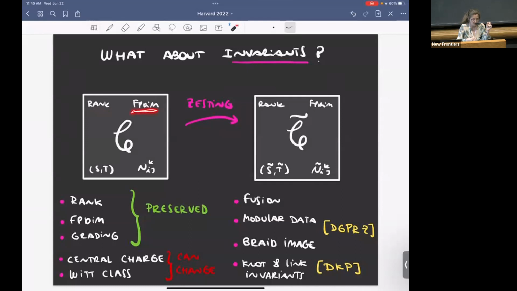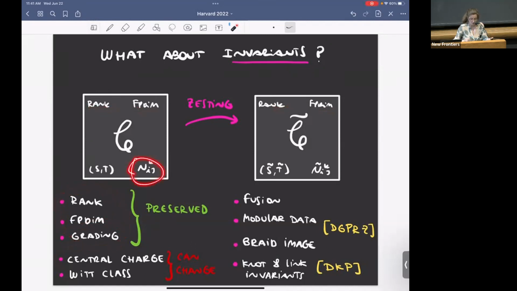The Frobenius-Perron dimension depends on the fusion matrices, but since I'm only modifying them by an invertible object, which is an abelian anyon characterized by having Frobenius-Perron dimension 1, the Frobenius-Perron dimension of the simples, or of the whole category, doesn't change. The grading doesn't change, by definition, actually. So all this data is preserved, so all this first part of the table is preserved.